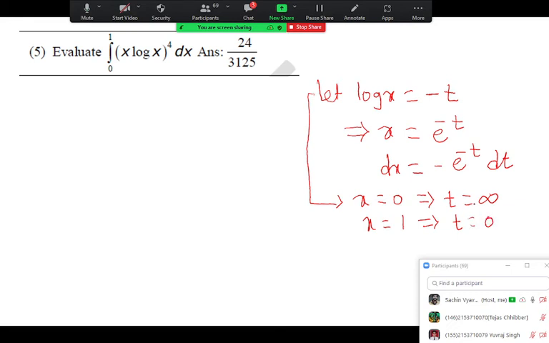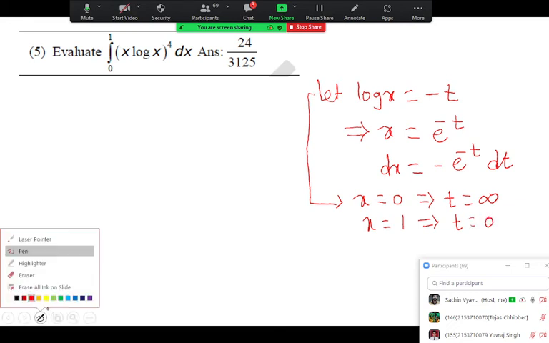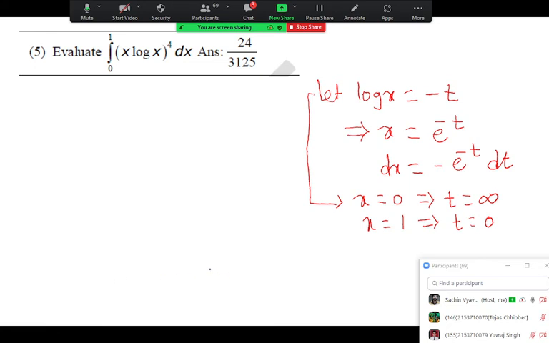So the new integral I will become from infinity to 0, the value of x we just saw is e raised to minus t, and the value of log x is minus t, bracket raised to 4, and the value of dx is minus e raised to minus t dt.